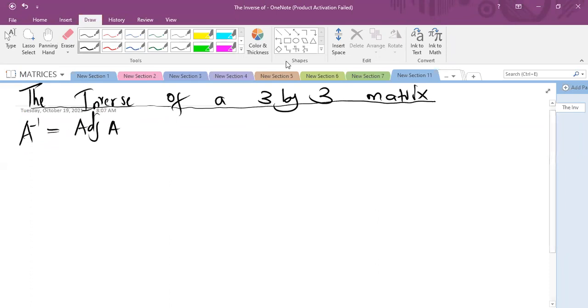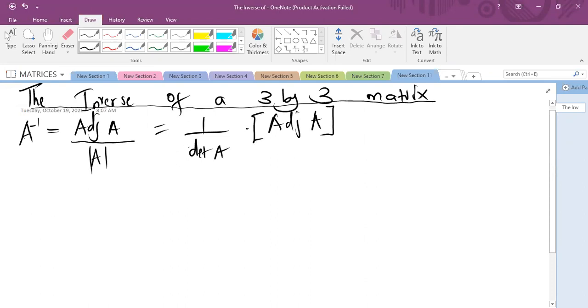adjoint A. Okay, A inverse is given by adjoint A over the determinant of A. This can also be written as 1 over the determinant of A multiplied by adjoint of A. Now, we already know how to get the determinant of a 3 by 3 matrix.